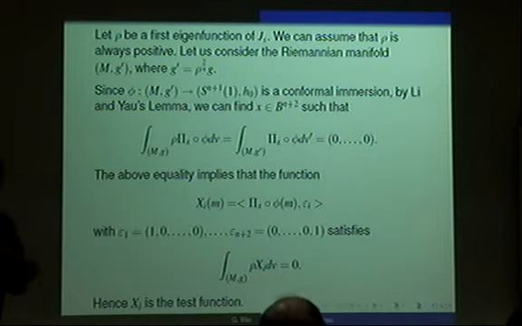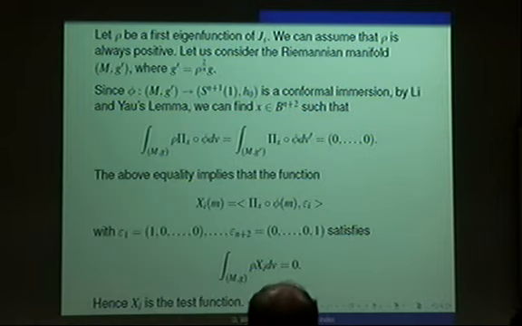For the first eigenfunction, we know it is always positive. So here we assume that rho is positive. Then we try to find a test function such that the first eigenfunction and the test function are orthogonal.